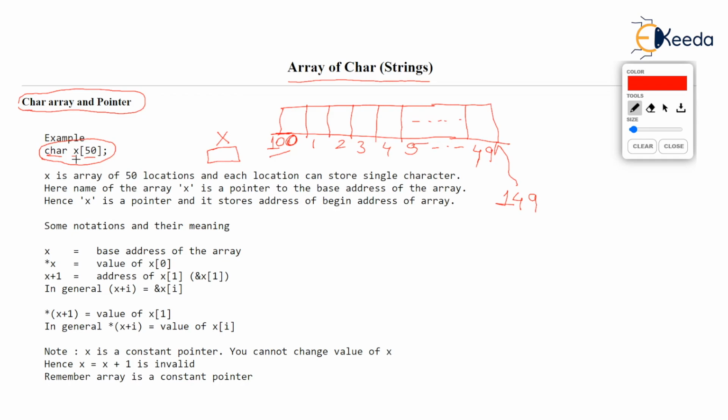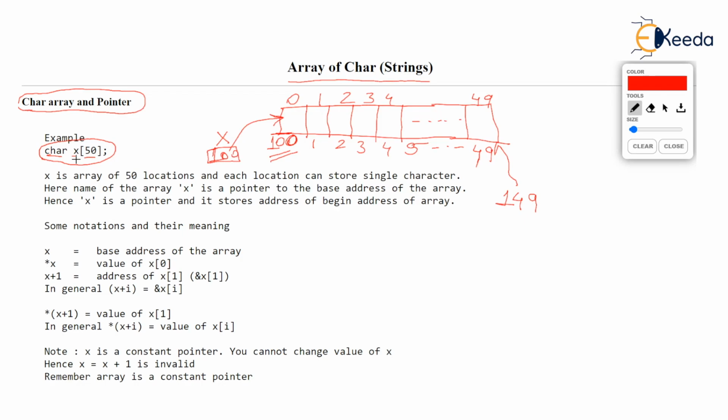Indexes are from 0 to 49, no doubt, but each location has an address. Assume the begin address of the array is 100, then X literally stores 100. X is a pointer which stores the base address of the array, and we say that X points to the array.